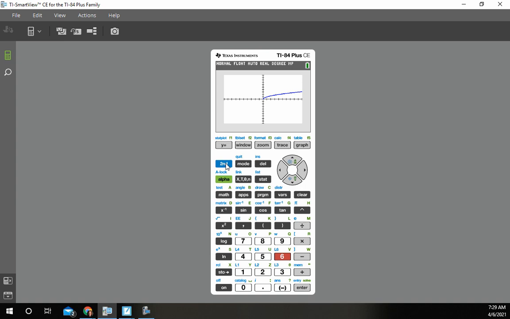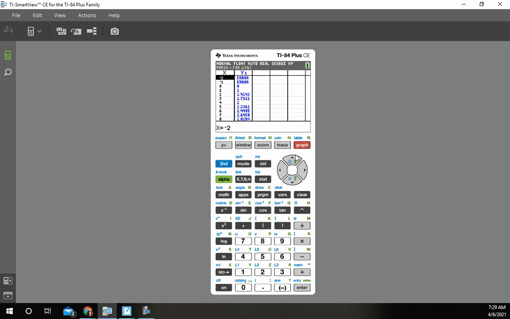If you want to look at your table values to get your points, you press second graph, and we're going to graph some of those table values. Why do I have errors? Why can't I use -3, -4, -5?